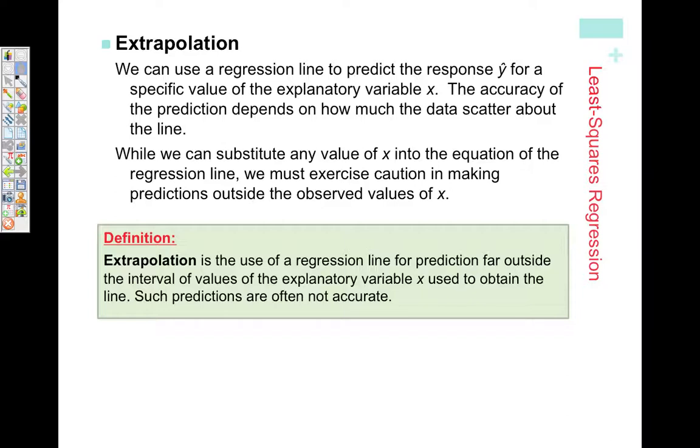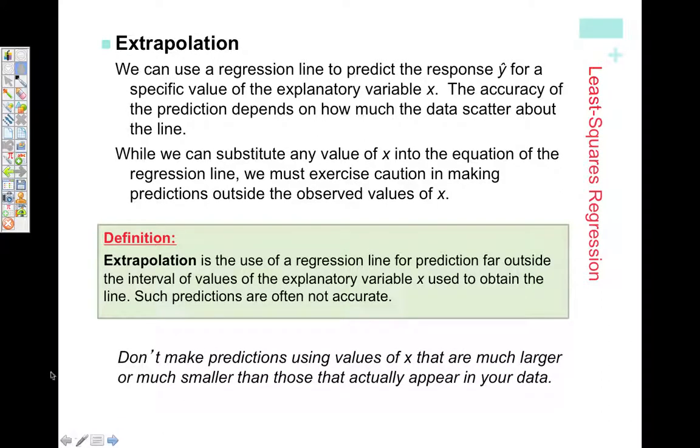We can't really say what's going to happen if it goes out to 1,000. If we plug in 1,000, we don't know if that point will fit our data. We don't know if that will fit our model. Those predictions usually aren't accurate. So don't make predictions using values of x that are much larger or much smaller than those that actually appear in your data.